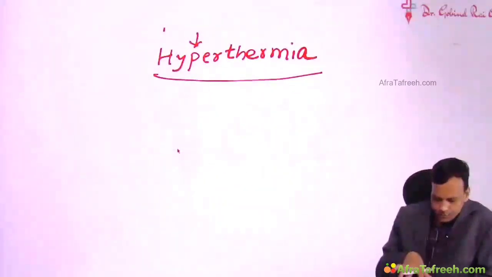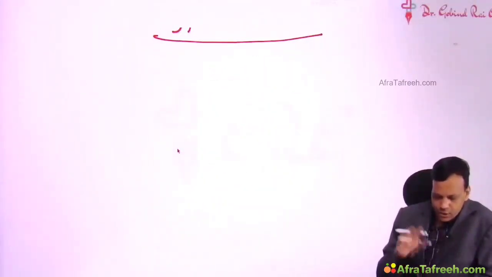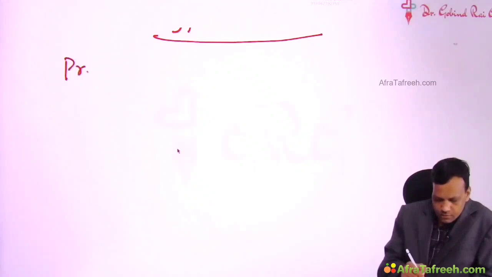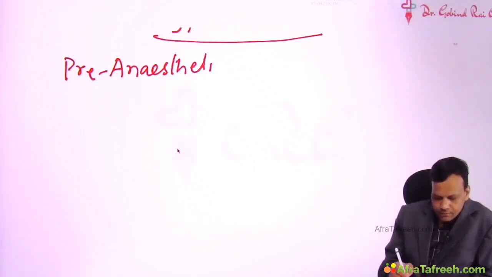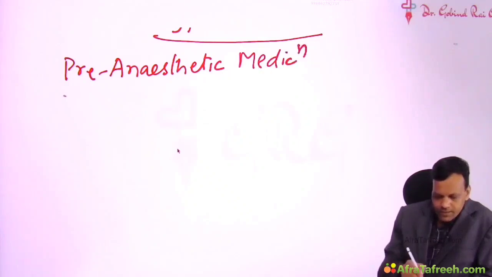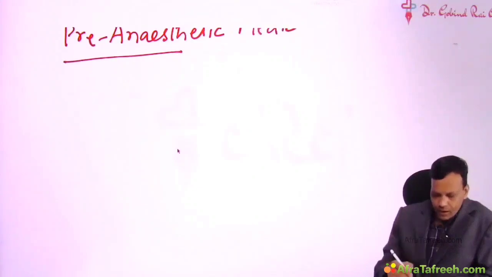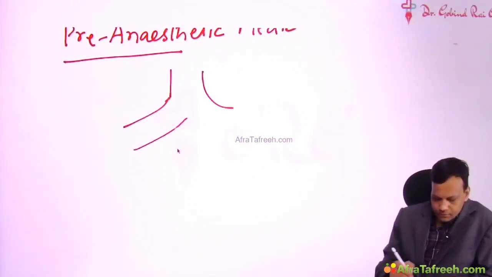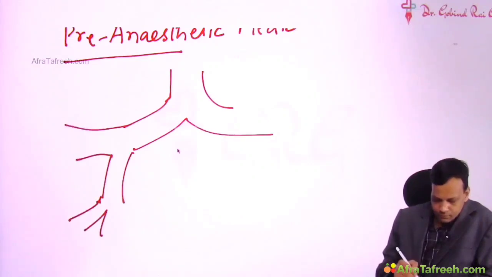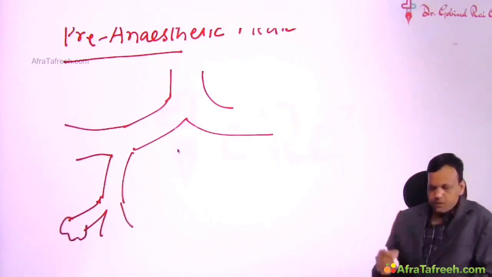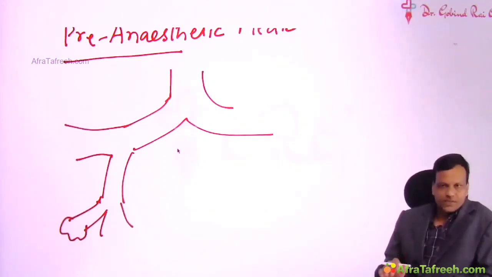Now use. Anticholinergic drugs are used for pre-anesthetic medication. So first of all, pre-anesthetic. Whenever we want to give anesthesia, now this is the respiratory pathway.